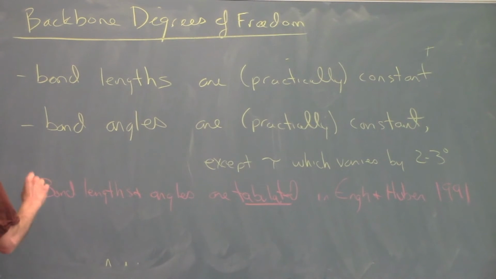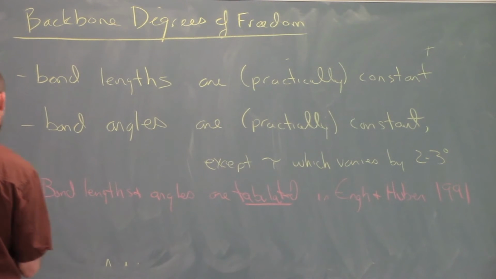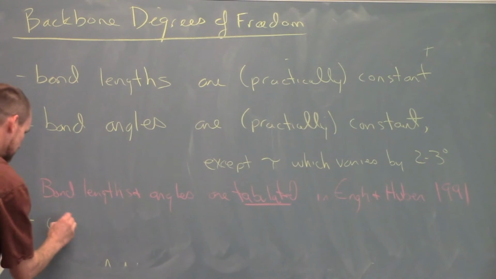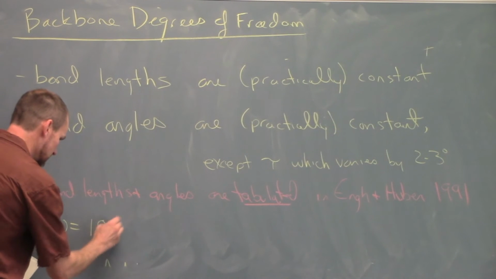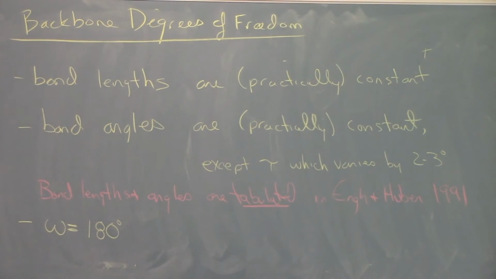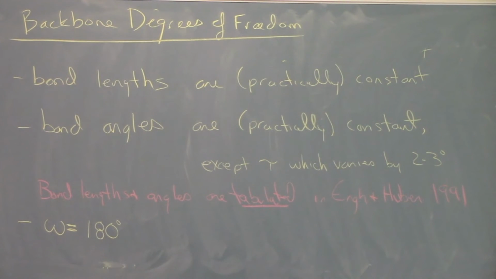Well, the tough part then is what are called the torsion angles. So for the torsion angles, omega is about 180 degrees. Omega is this bond between the carbonyl group and the nitrogen across this peptide bond.